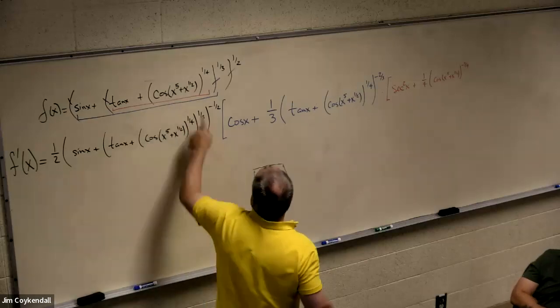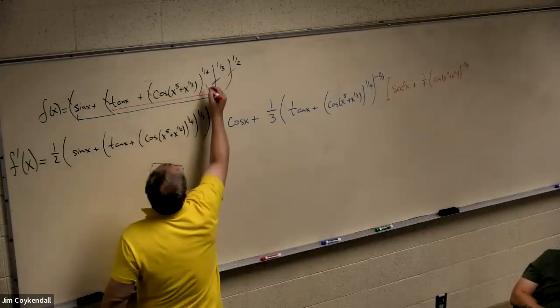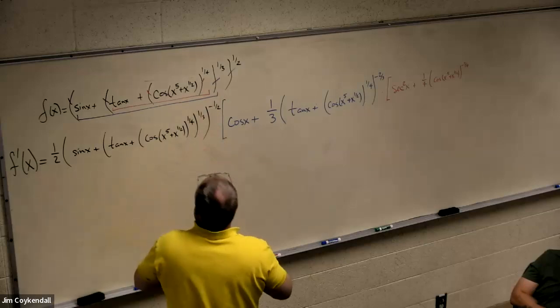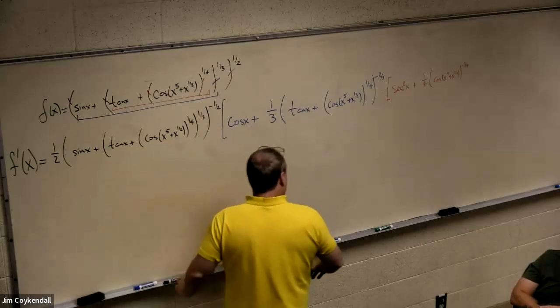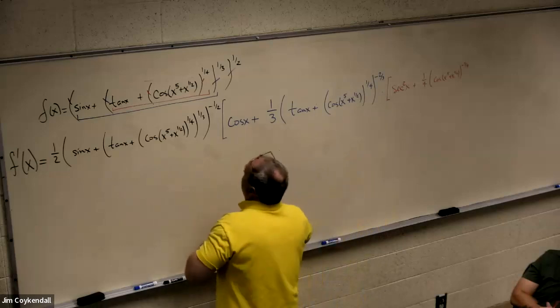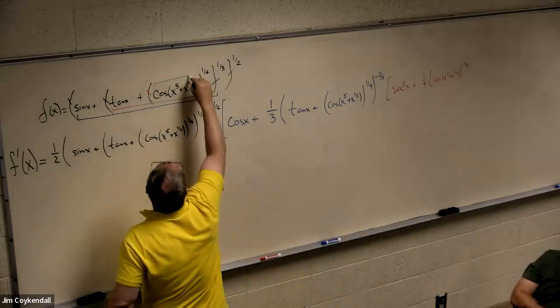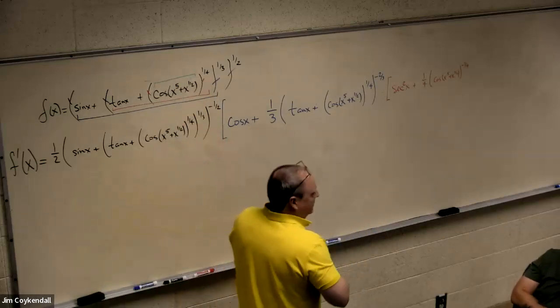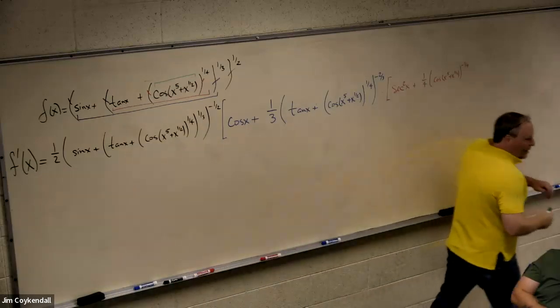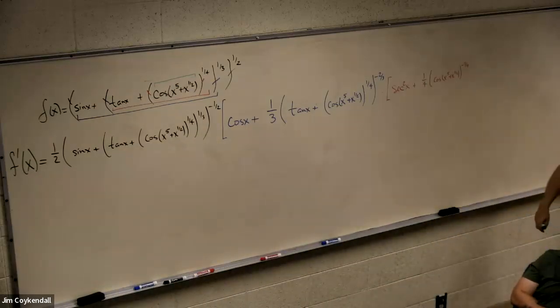See, now I'm not taking the derivative of this. I've got to take the derivative of what's inside, which is just this bit. So I have cosine of something. What is the derivative of cosine?